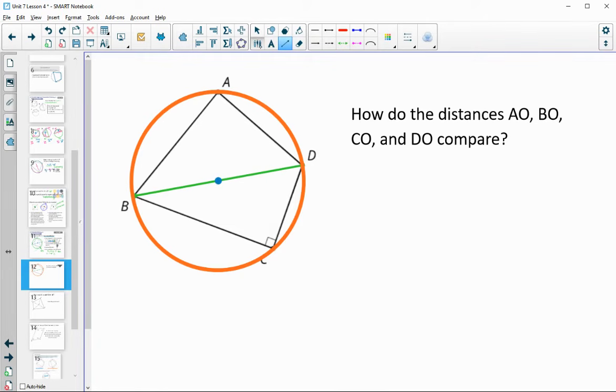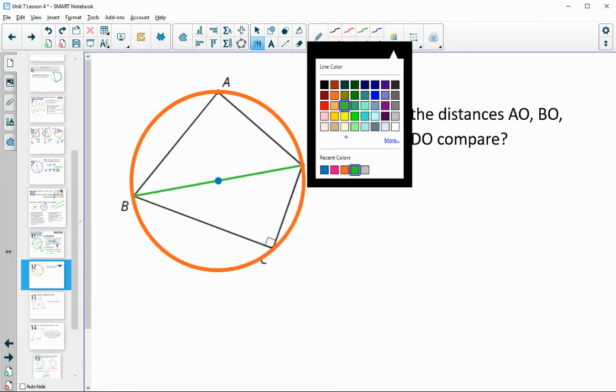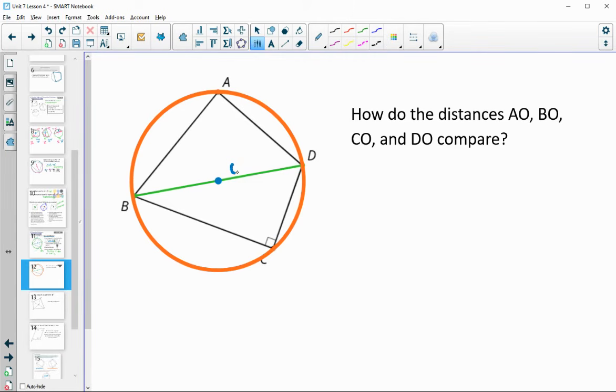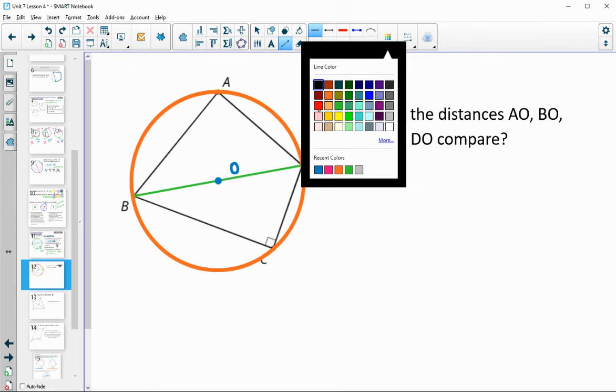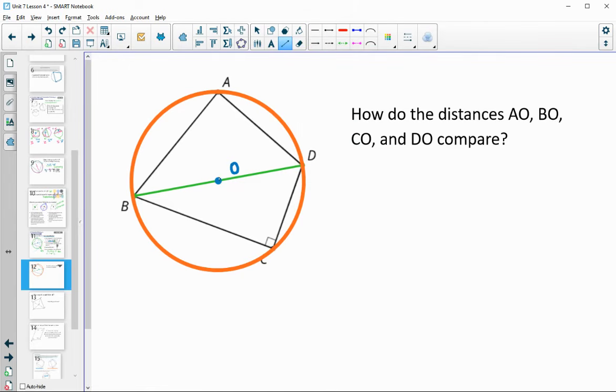And remember, this middle point here is point O. What do we know about the distances from A to O, O to B, O to C, and O to D? Hopefully you realize those distances are all the same since they're radii of that orange circle, so they would all be equal to each other.